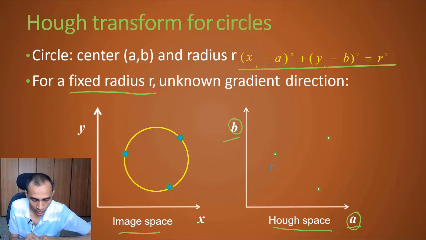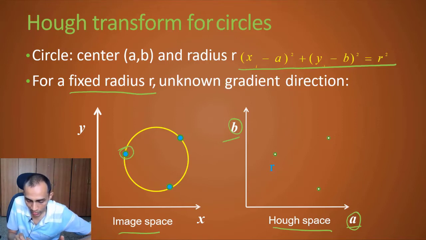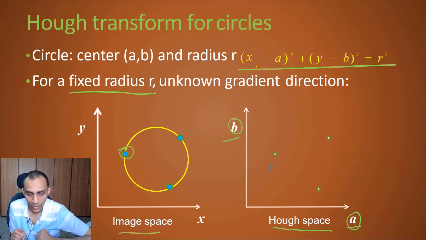So this point will correspond to what kind of shape in parameter space? Anybody has any idea? Let us say this point is known, x0, y0. Then for this point, what points will it cover in the parameter space?